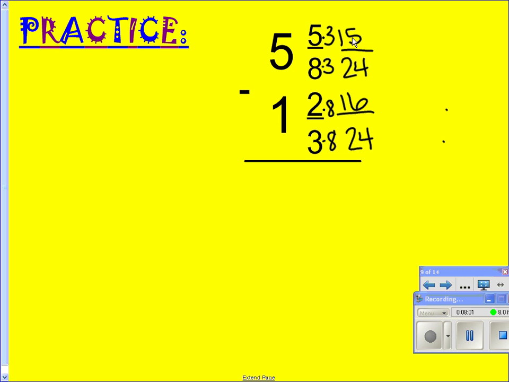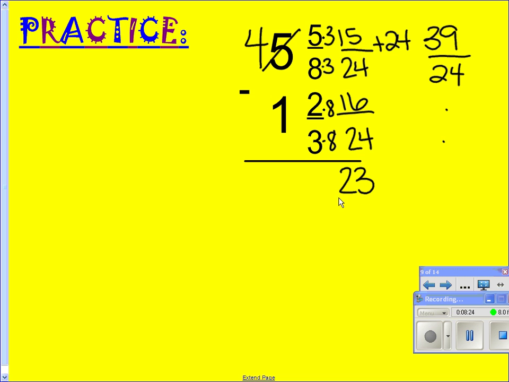You can't take away 16 from 15, so you're going to borrow, rename that a 4, and add 24 because that's what your denominators are to your numerator. 15 plus 24 is 39. Okay, so 39 minus 16 is 23 over 24. 4 minus 1 is 3. 3 and 23/24ths.